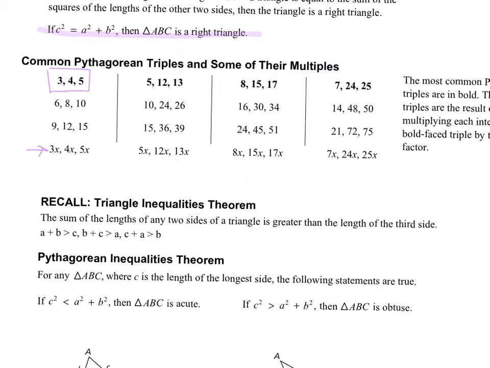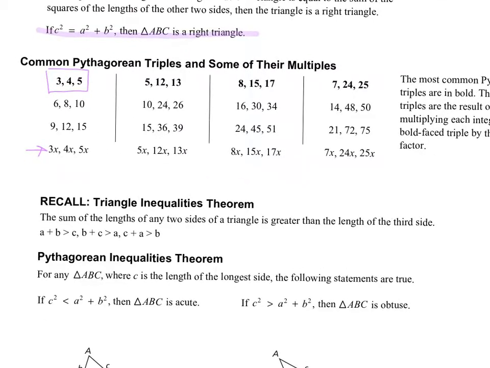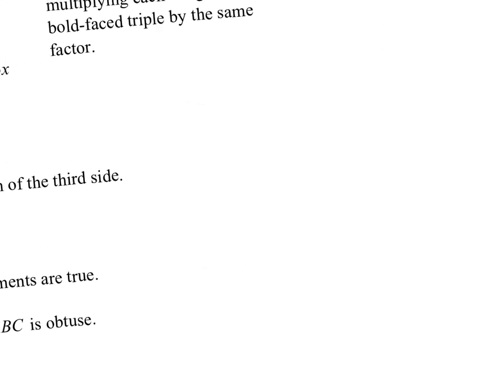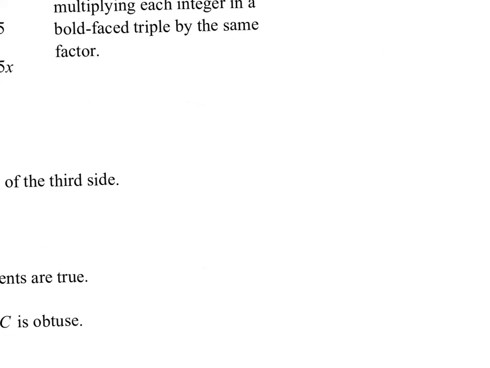All right. So the triangle inequality theorem. This says the sum of the lengths of any two sides is greater than the third side. Something to really keep in mind here: if I have a triangle, make sure that when you're checking this, you're checking the side lengths themselves.